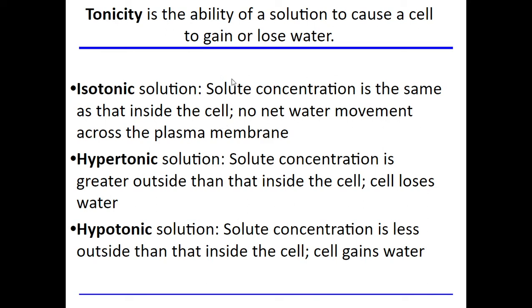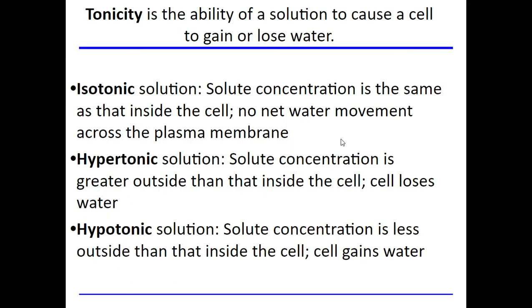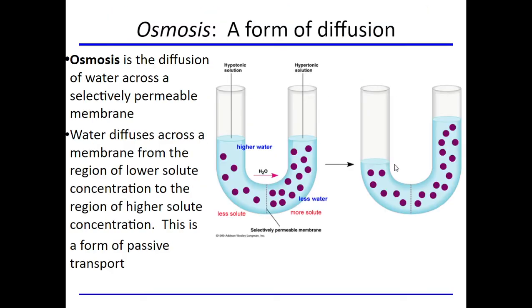So the solute concentration, the external, maybe this is the external, is the same concentration as that of inside the cell. Maybe this is inside the cell. Okay. We won't see any water movement across that membrane. You could let this U pipe sit for 15 days, and assuming it was a fully closed environment, this would look the same the entire time.